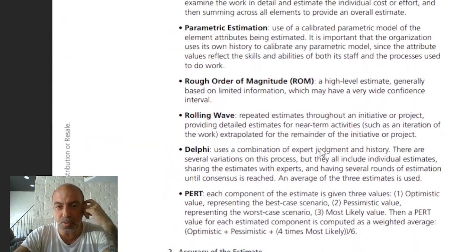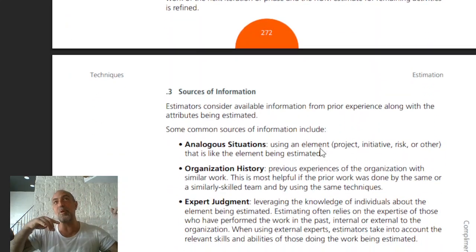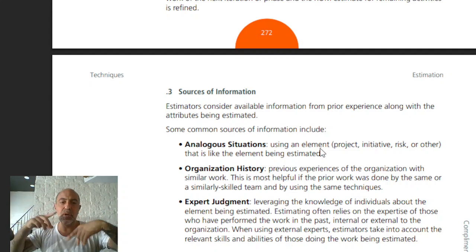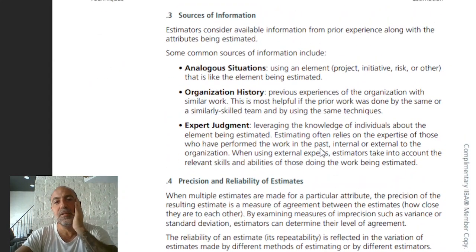It's not PERT, it's parametric estimation. We use the wave approach where every week we go through it, we adjust it a bit, and eventually we have an average that we can look at.